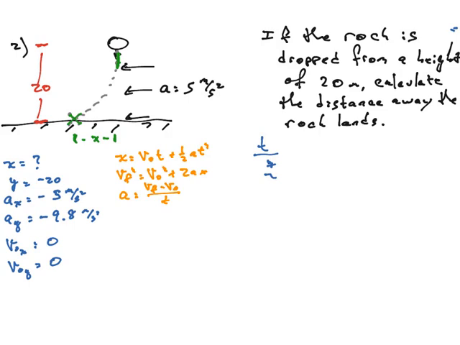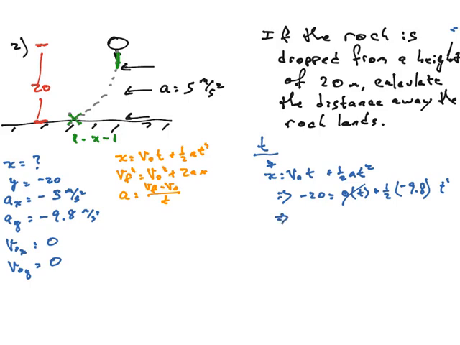So let's do it. Here's my equation, x equals v naught t plus 1/2 at squared. Plugging my numbers in, the y distance is negative 20. Y initial velocity is 0 times t plus 1/2 y acceleration, negative 9.8, times t squared. So this term is 0 because it's multiplying by 0. And here we go.